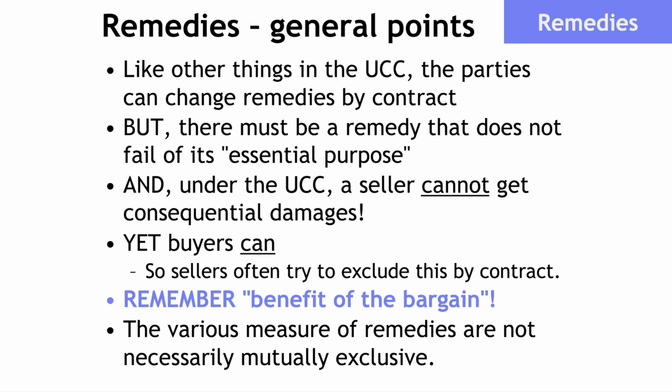You want money, go to court, get the money. If you want bridge financing, go to the bank. But if you needed a certain object, that's what sales of goods is all about. Money's not good enough, I need a car or I need a windmill. Then the UCC says, well, you need stuff, and if you don't have the stuff, then consequences might flow from that. That's why the UCC allows consequential damages for buyers, but not sellers.